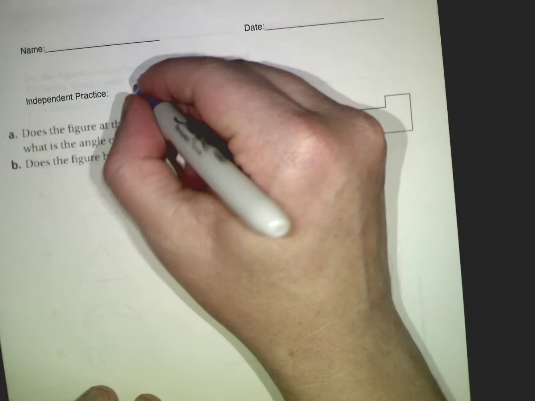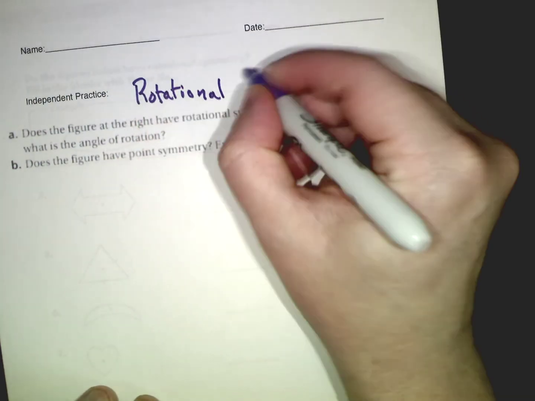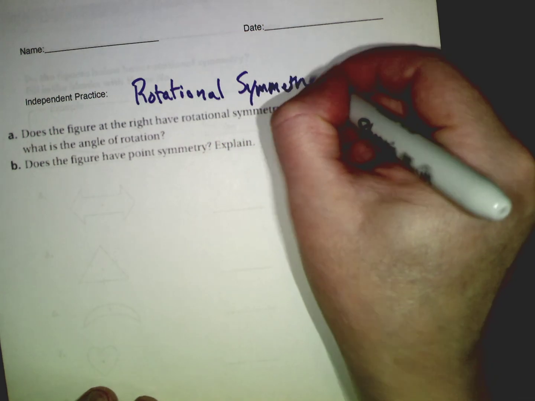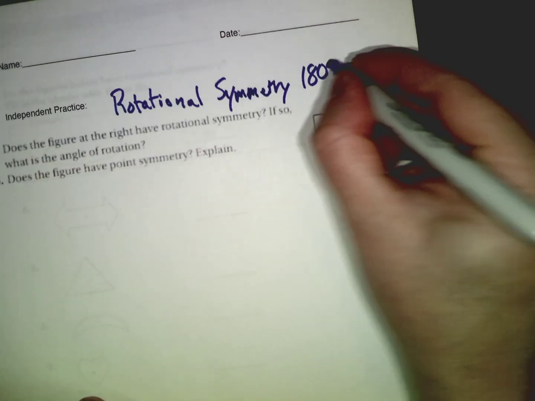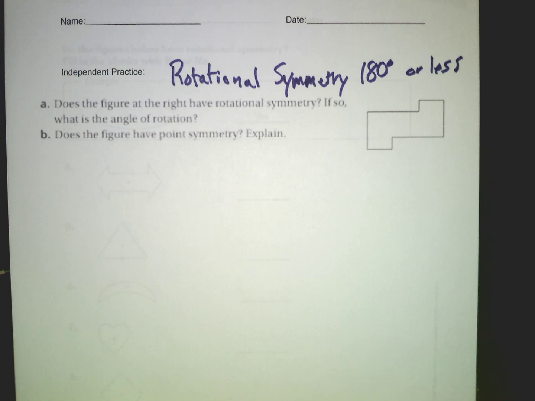What I want to know is if it has a rotational symmetry of 180 degrees or less. So can I turn it upside down and it still looks the same?